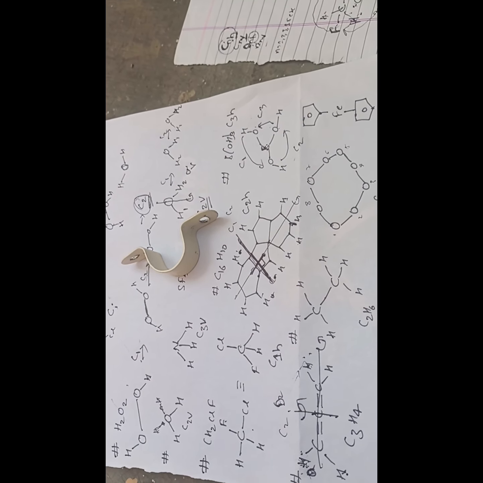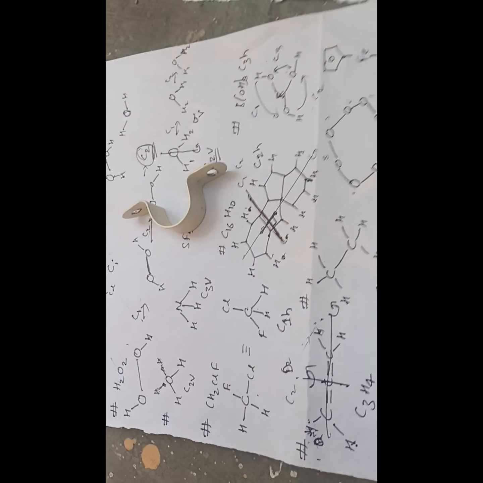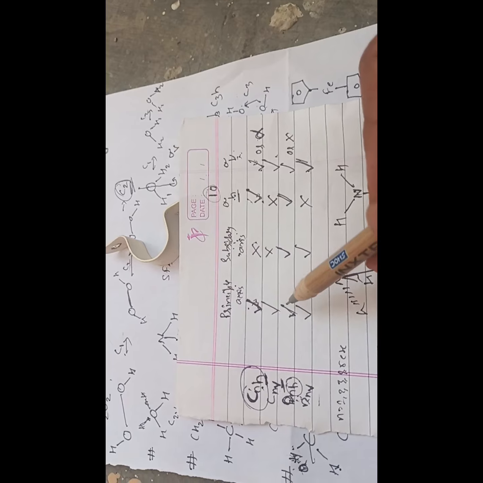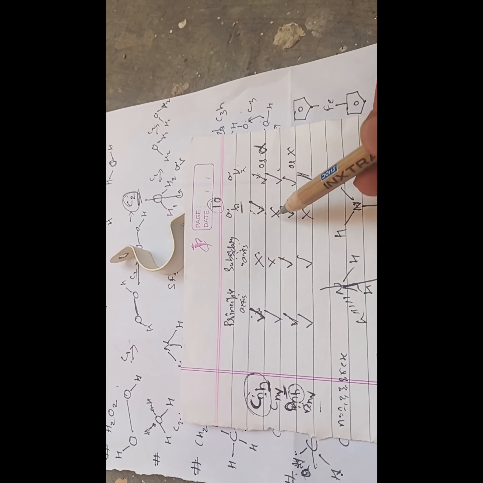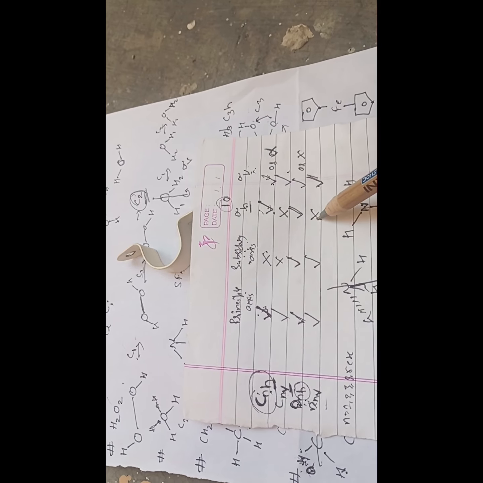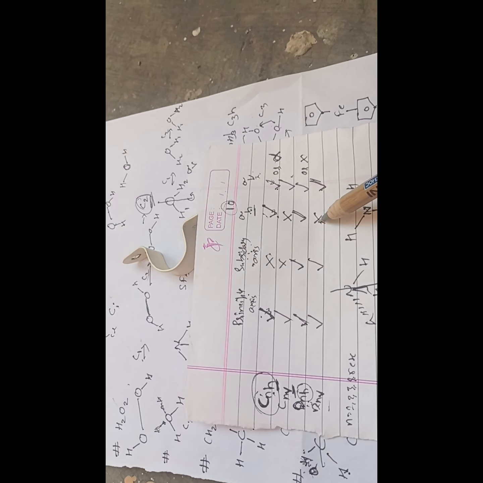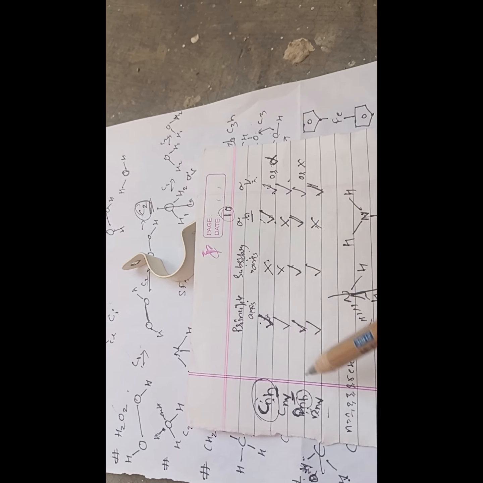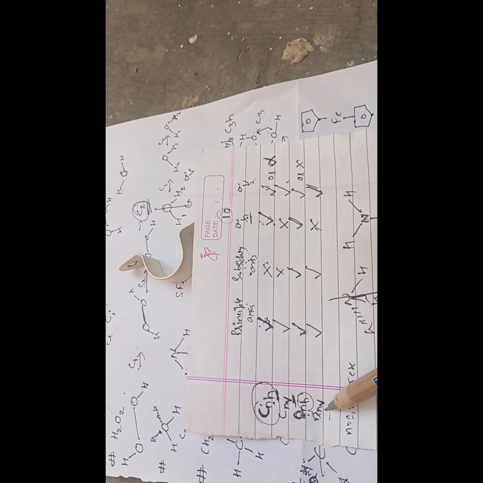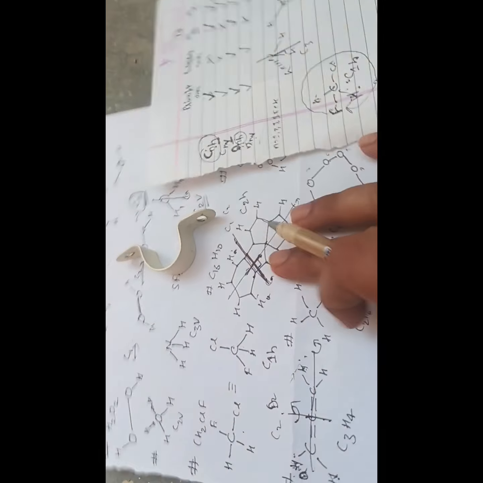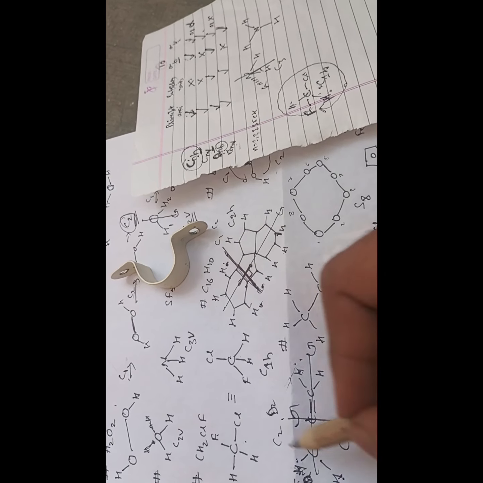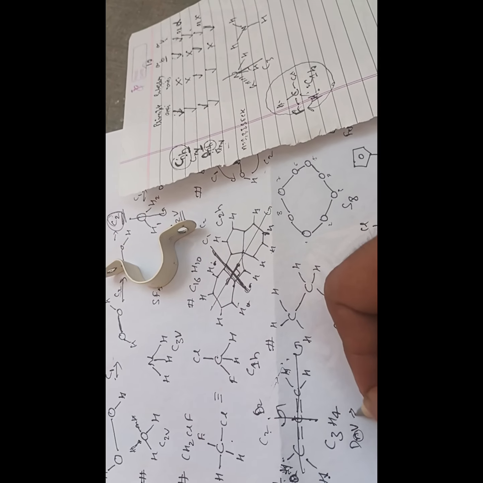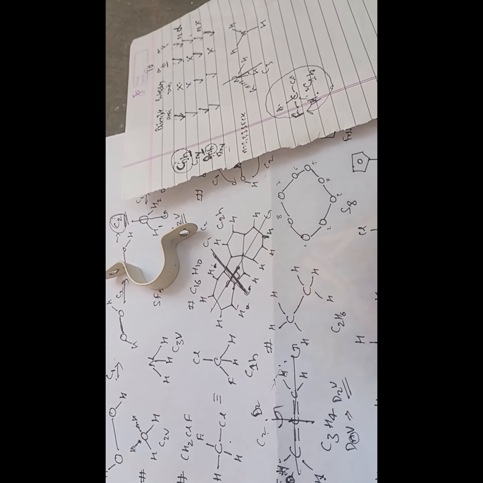Hence here there is a presence of a principal axis, there is a presence of a subsidiary axis, and there is no presence of a horizontal plane, and there is a presence of a vertical plane. Hence this will be DNV. In the place of N we will put 2. Hence it will be D2V.